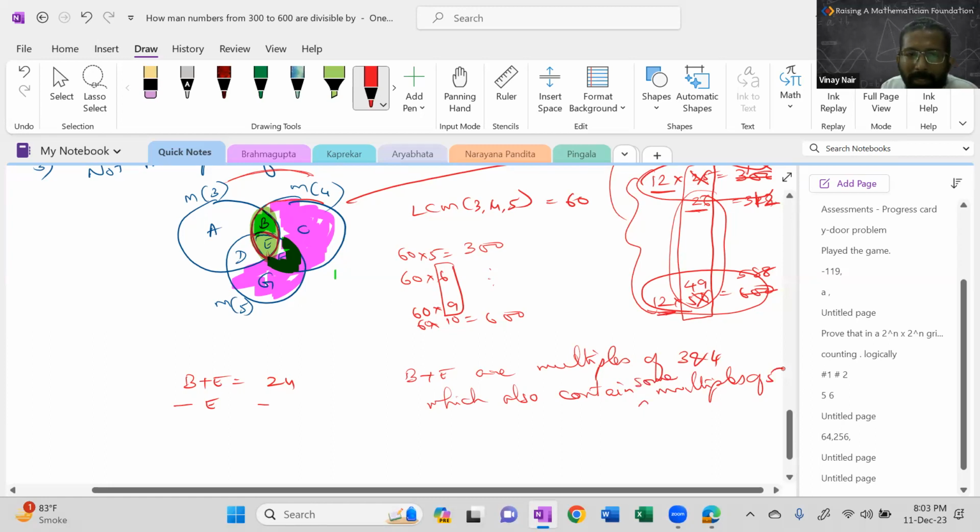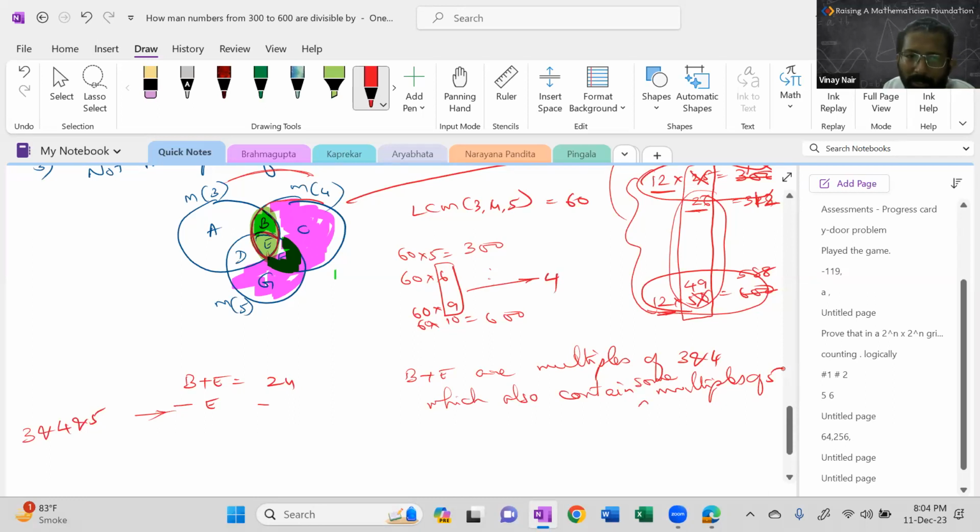So B plus E gives me 24. E is, what is E? E is multiples of 3 and 4 and 5. There are 4 such numbers. So we take away 4 such numbers from 24. What is left is 20.